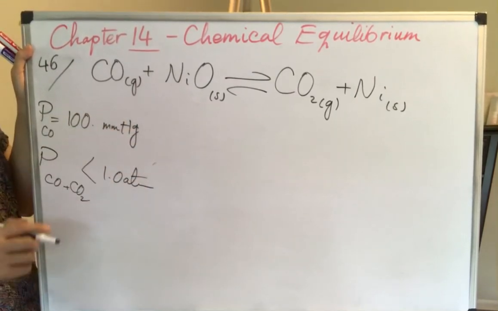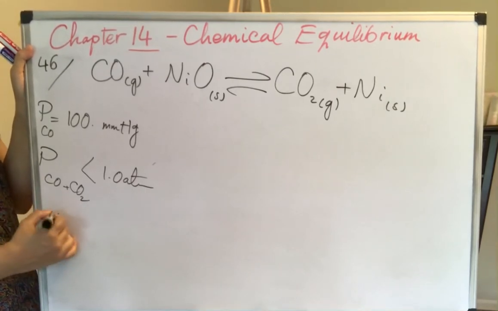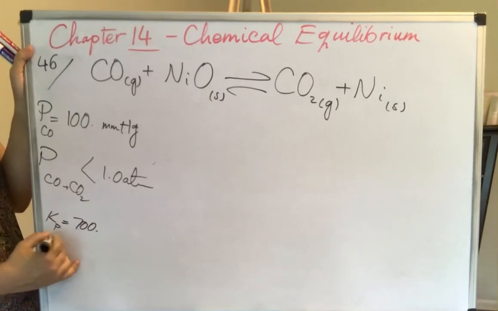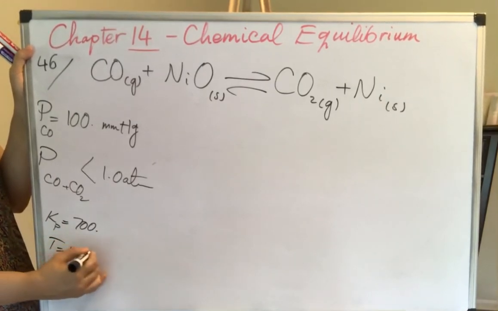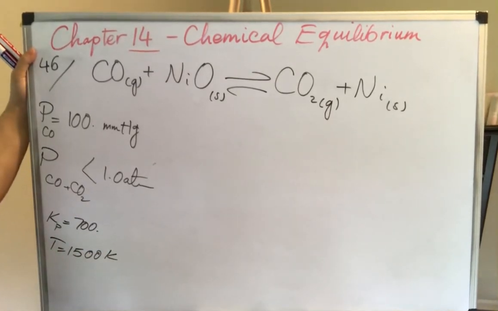Will this reaction occur at 1500 Kelvin at equilibrium? Kp is 700 and the temperature is 1500 Kelvin. We want to see if the reaction moves forward or backward.